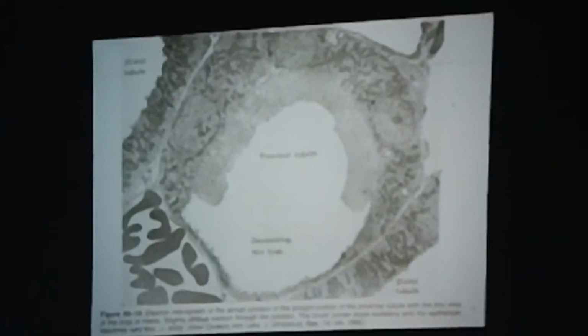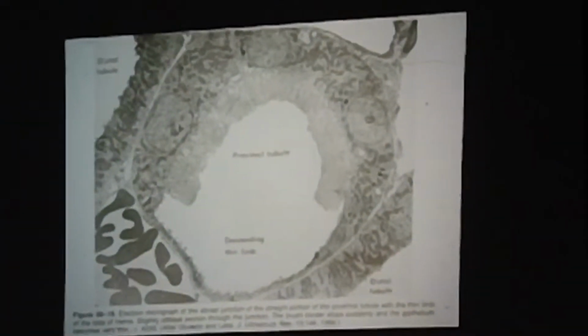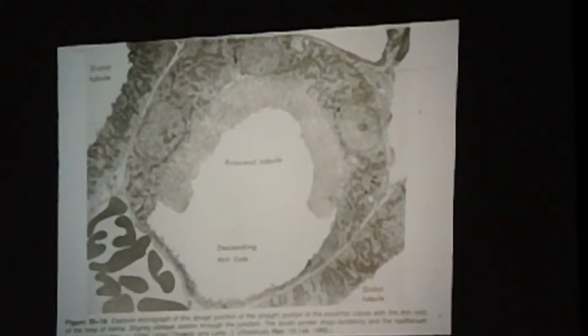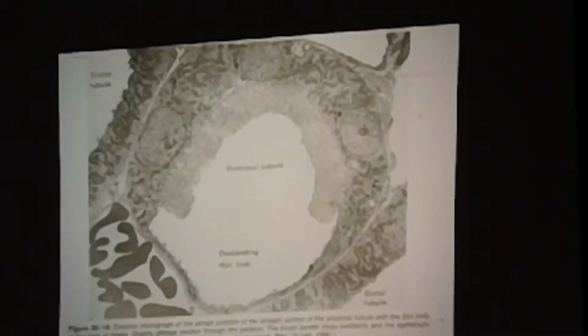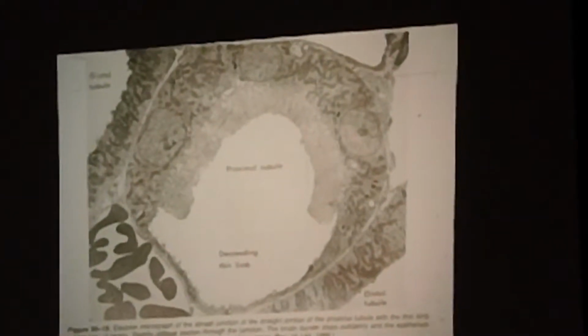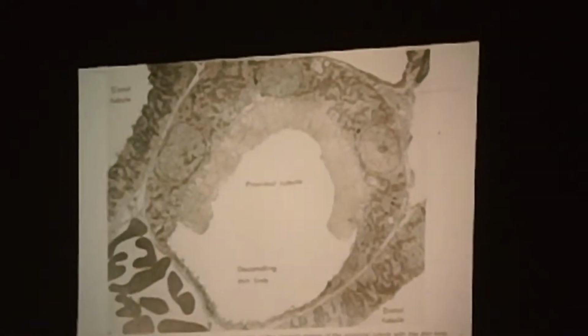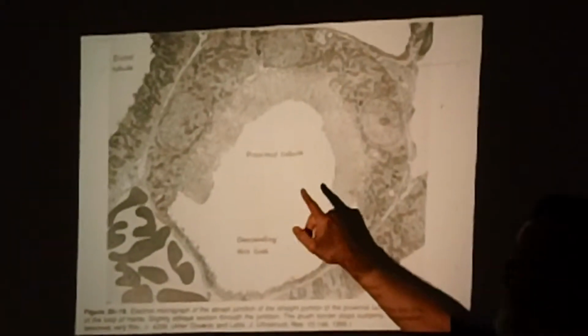And this is another really nice shot. Clearly transmission electron microscopy. But we've caught that abrupt change where the thick descending cuboidal epithelium stops and the simple squamous epithelium of the thin loop begins, but we cut it tangentially, so we get both.